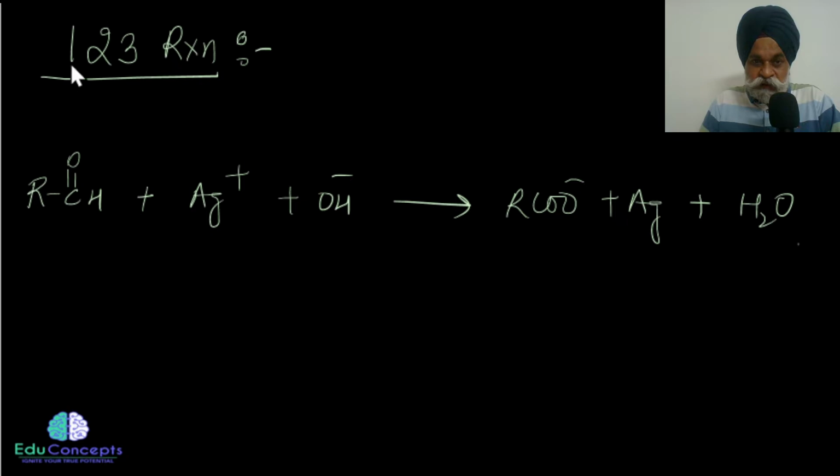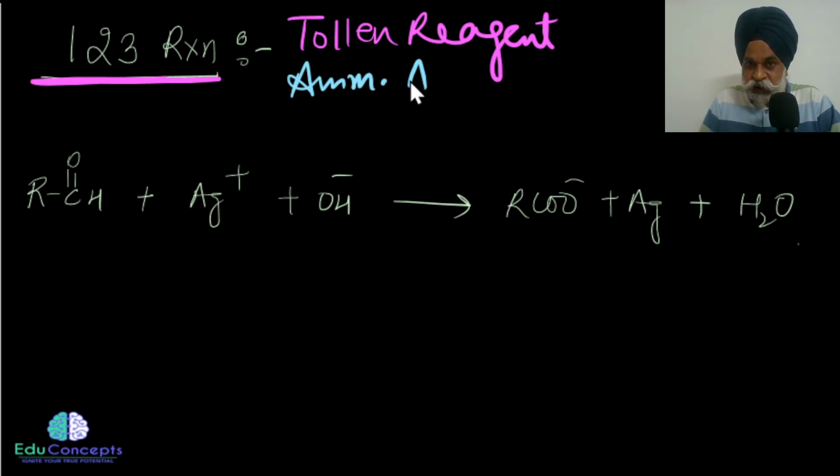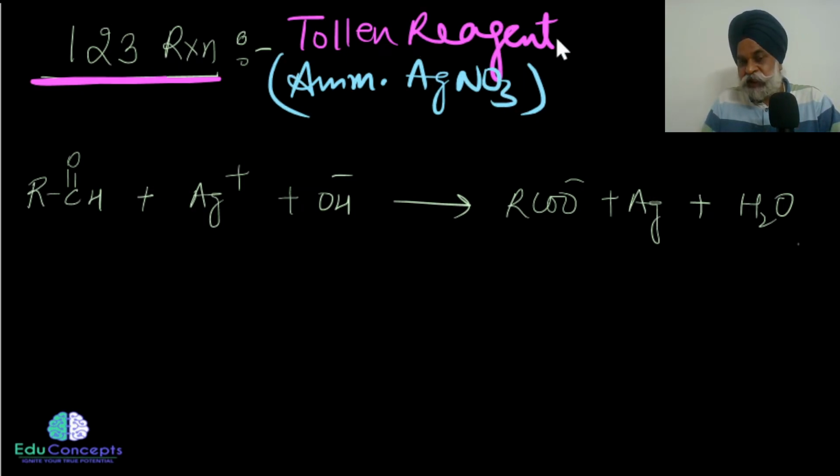Now coming on to the 1-2-3 reaction. If you have ever read this 1-2-3 reaction, you might be knowing Tollen's reagent. Tollen's reagent is a mixture of ammoniacal silver nitrate. Silver nitrate when dissolved in ammonium hydroxide, we say it is Tollen's reagent.